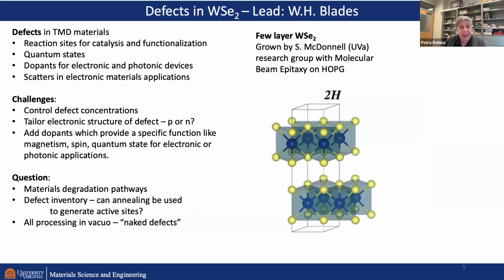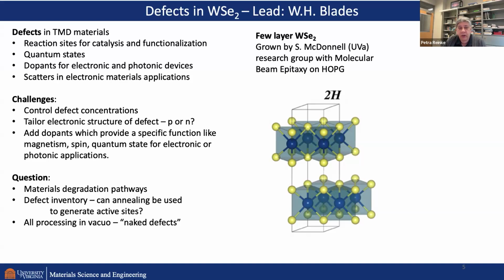So let me get started with the first question, which is about tungsten diselenide. What happens with defects in tungsten diselenide? How can we introduce defects, which can serve as reaction sites for catalysis and functionalization? It can generate quantum states.